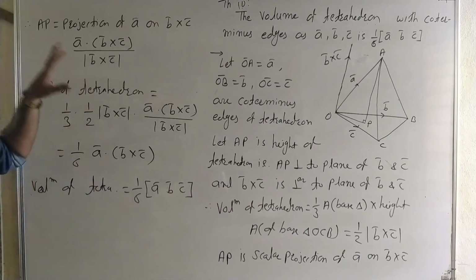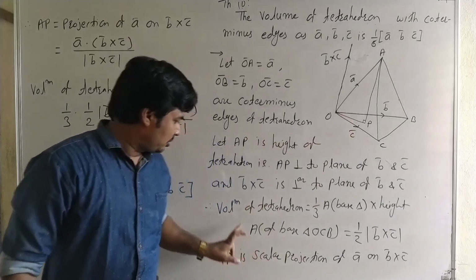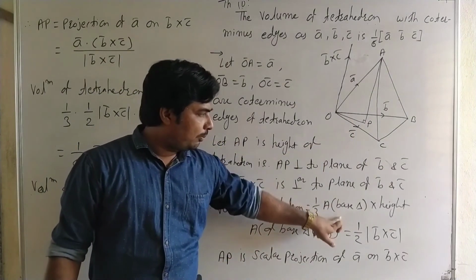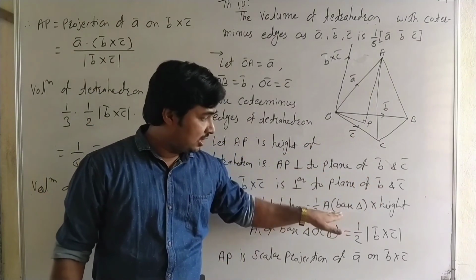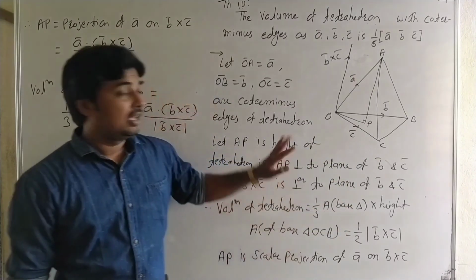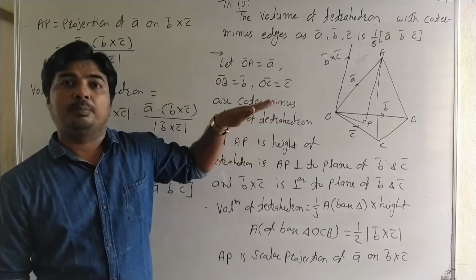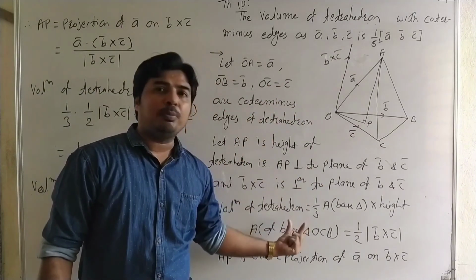Okay, here both theorems are the same. The concept is the same, but here we use the volume of tetrahedron, 1 by 3 area of base into height. Here the base is a triangle, therefore area of a base triangle. In a parallelepiped, it is area of base into height, where the base is a parallelogram, therefore area of parallelogram into height.